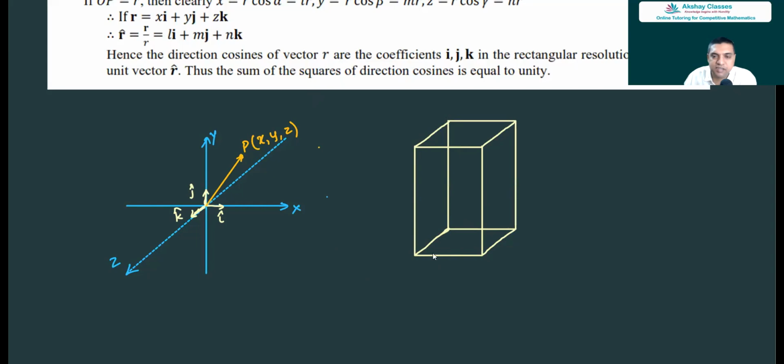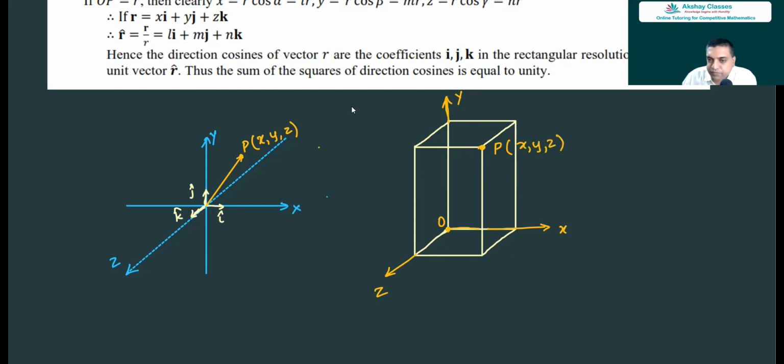Let's say this is the origin. This is the x-axis, this is the y-axis direction, and this is the z-axis direction. And this is the point P. P has coordinates x, comma y, comma z.